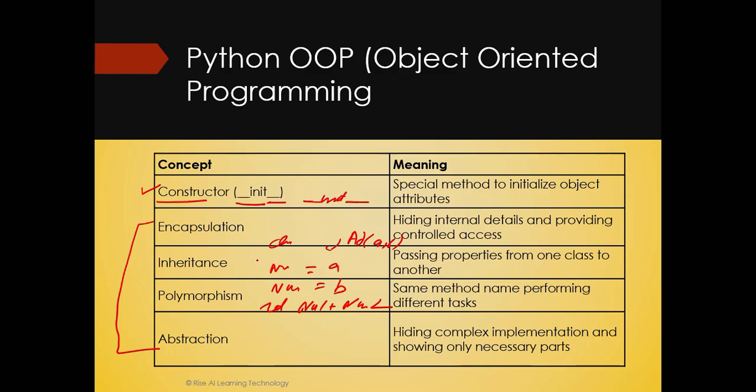If I say that I don't want this particular num1 to be accessed from outside of my class, only an object of my class can access it, or if someone is inheriting me, he can access it, but other classes cannot.